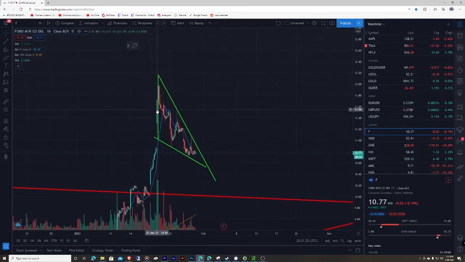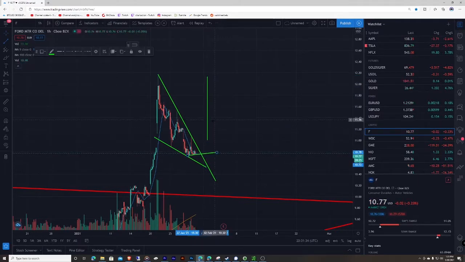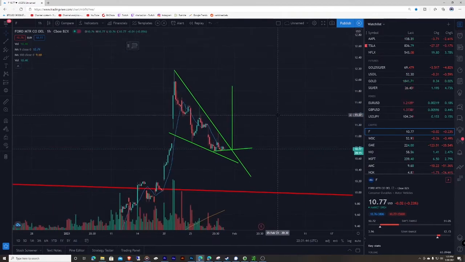I would just use this triangle target right here at the breakout. It looks like it's getting some support right here, and it'll probably break out right here, something like that. So let's see if we could get a target of 1188 for this next round.